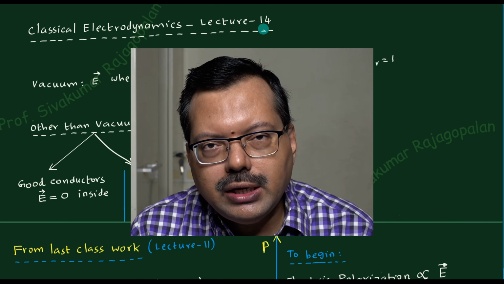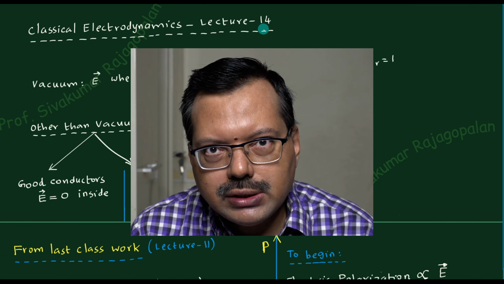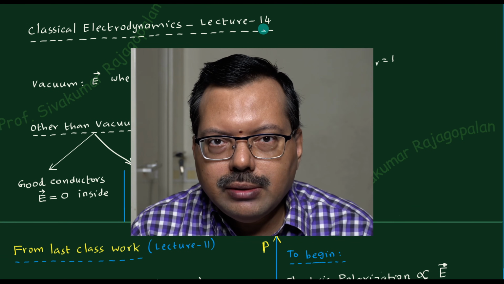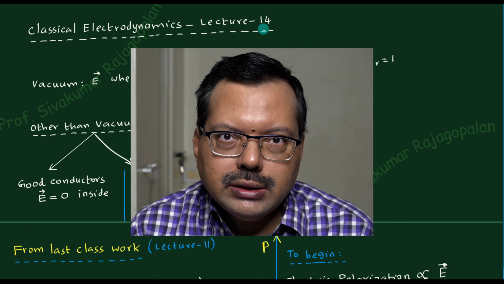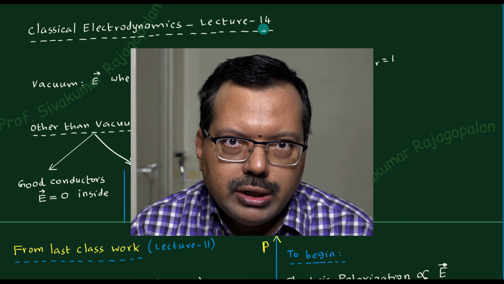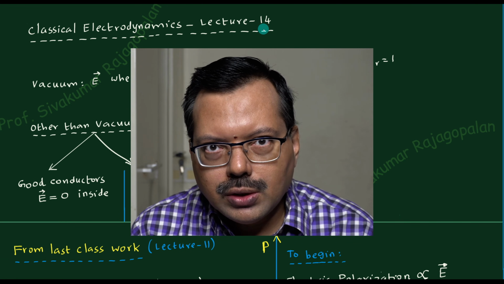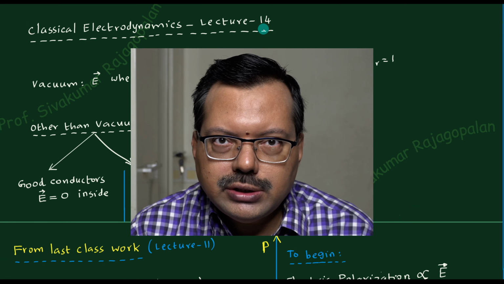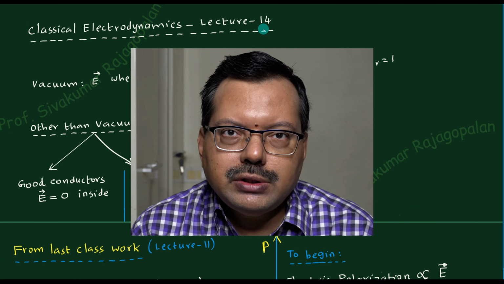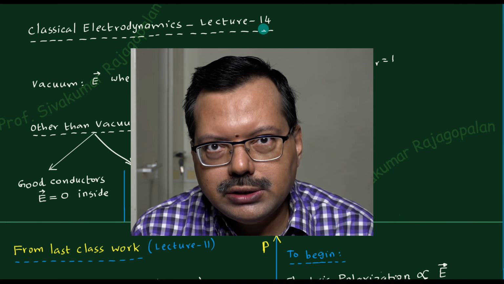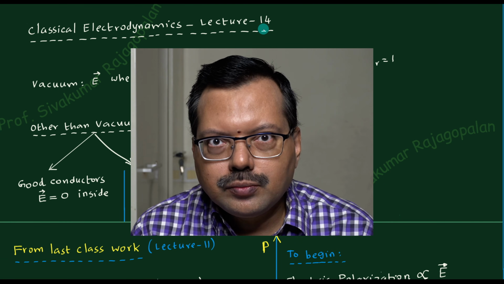If you don't have any material medium, of course, we always consider vacuum as the medium right from the beginning, in the sense that when you write down 1 divided by 4 pi epsilon naught, you have to pay attention to the symbol epsilon 0. The suffix 0 indicates that the expression is valid only in vacuum.